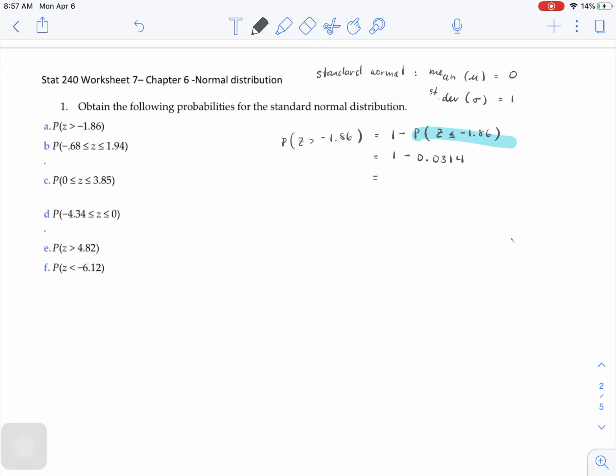So then the probability that Z is greater than -1.86, if I plug this into my calculator, is 0.9686.